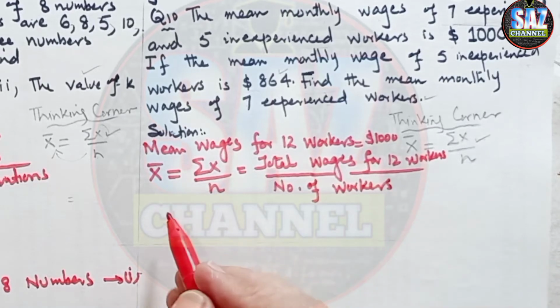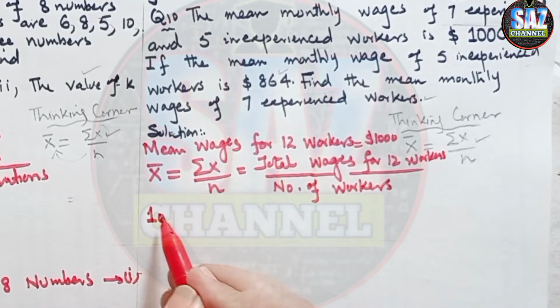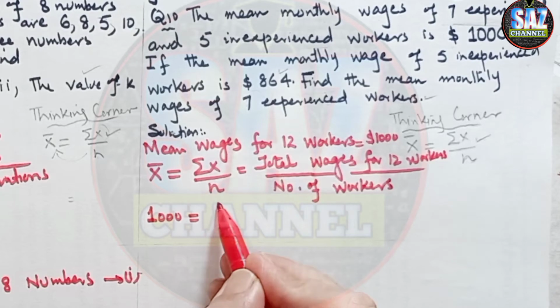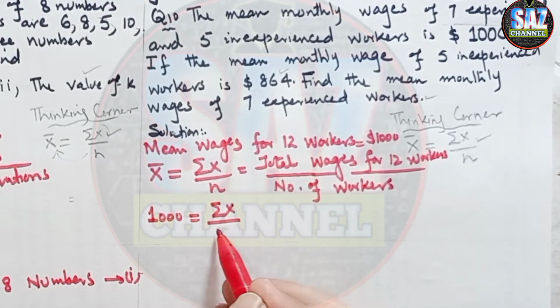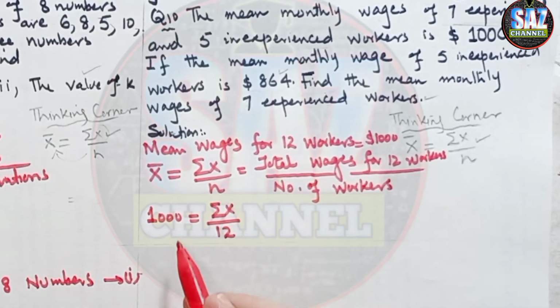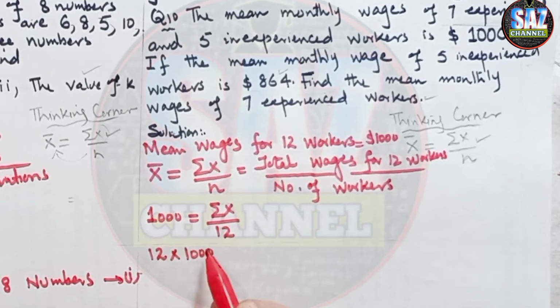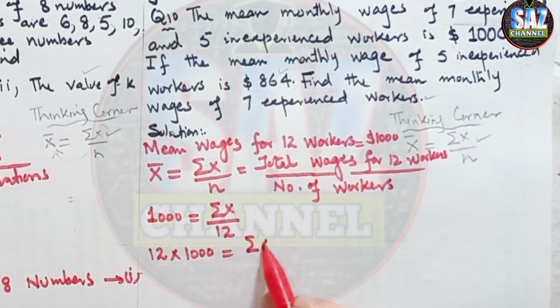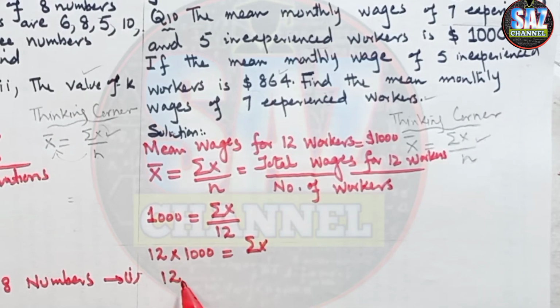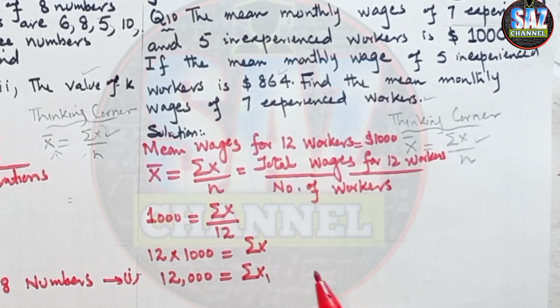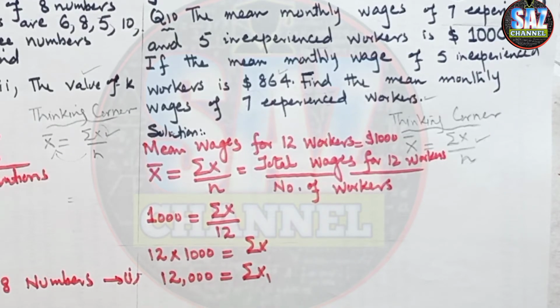So the mean is 1000, which is given in the question, and n will remain 12. So 12 multiplied by 1000, summation of x is 12,000. Let it be summation of x1, and let me block this answer. And what is this answer? Total wages of 12 workers.